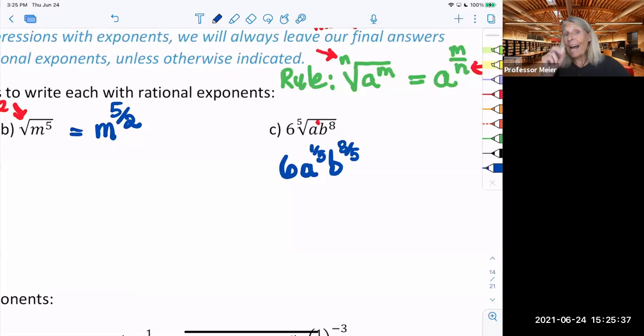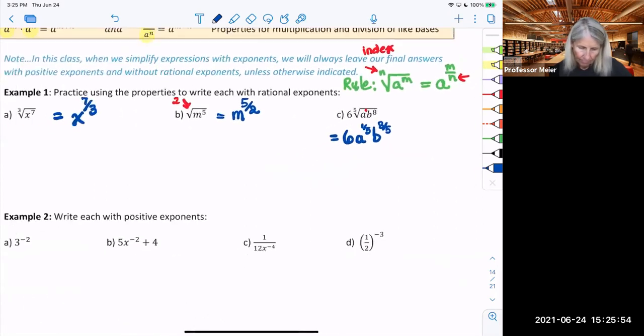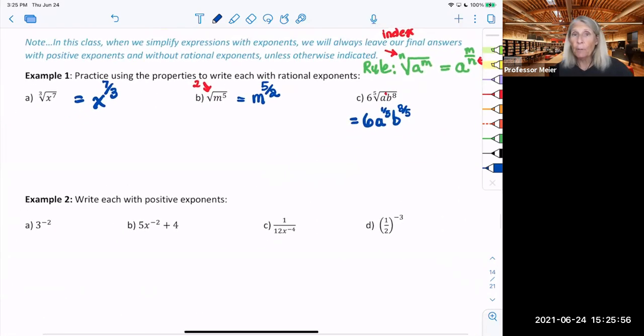So because that radical belongs to the a and the b, each of them get that index on the bottom of those fractions. Now the 6 is outside, so you don't do anything with that. It just stays along for the ride. Right, so there it would be.